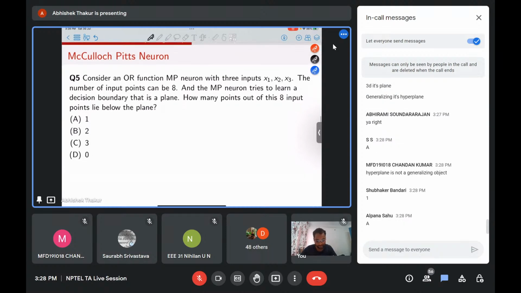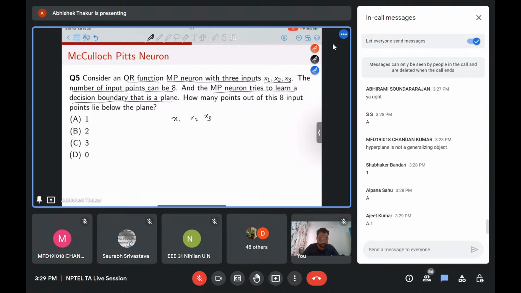Question fifth. Consider an OR function MP neuron with three inputs, that is x1, x2, x3. The number of input points can be 8, because with three inputs we can have 8 input points. And the MP neuron tries to learn a decision boundary that is a plane, as we have seen in the previous example.